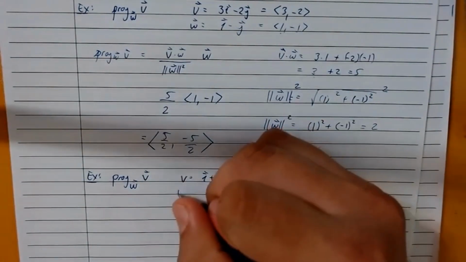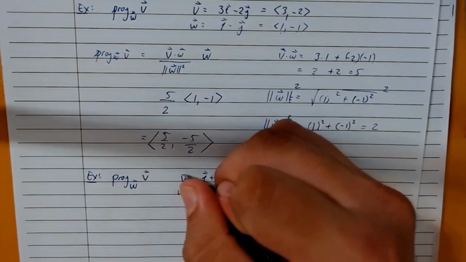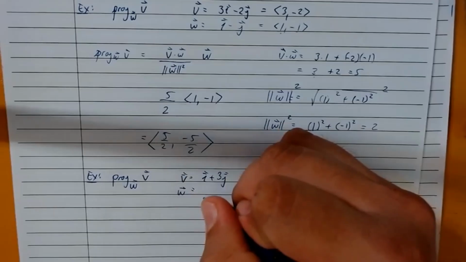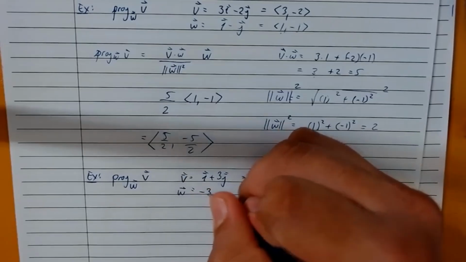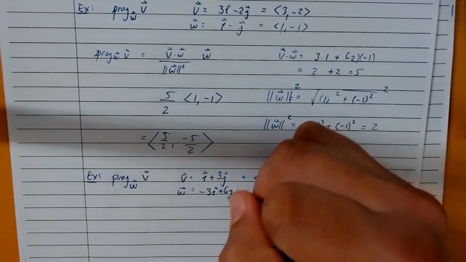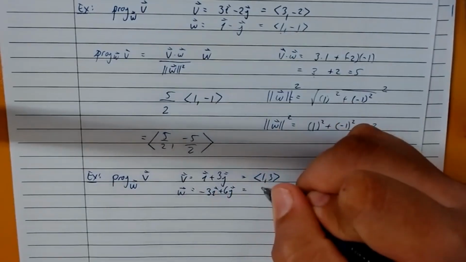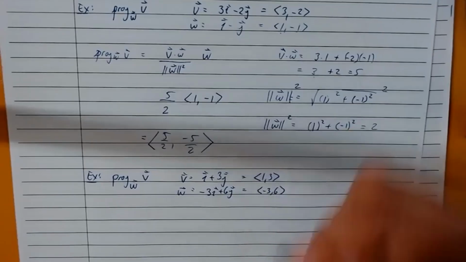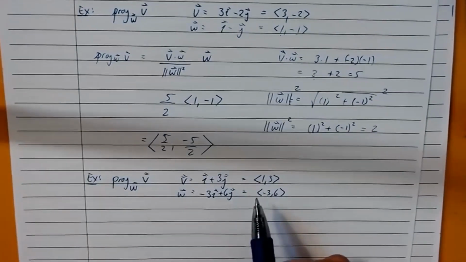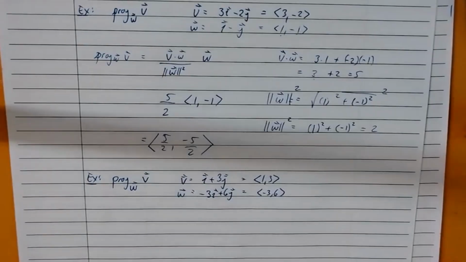And w is given as negative 3i plus 6j, or if you prefer, negative 3 comma 6. Those are interchangeable, yes? So go ahead and give this a try. Go ahead and pause the video, give yourself whatever time you need, and once you are done, go ahead and unpause and we can go through it together.